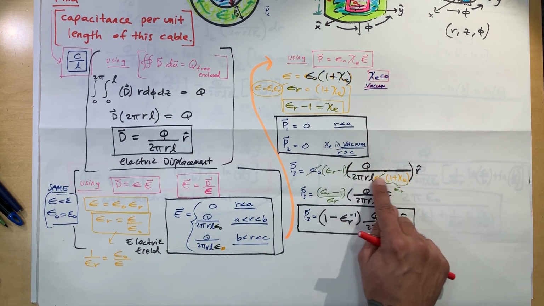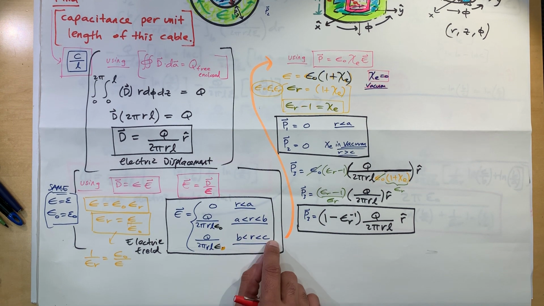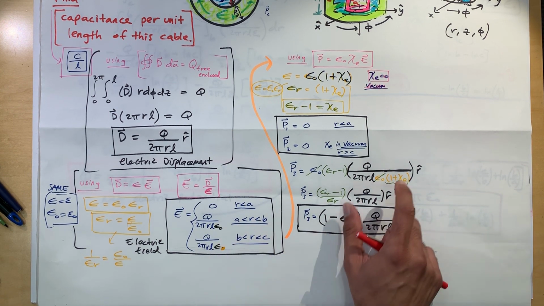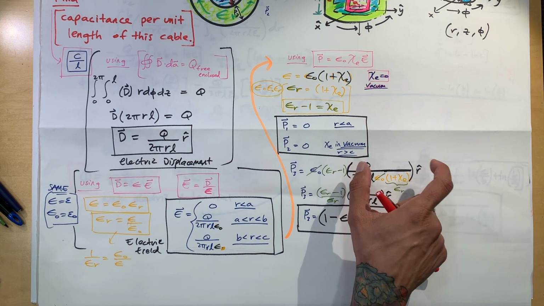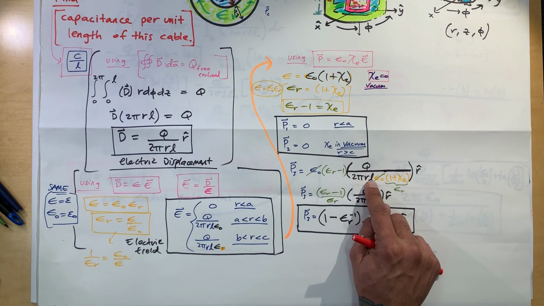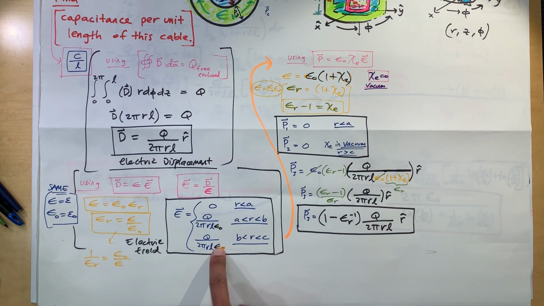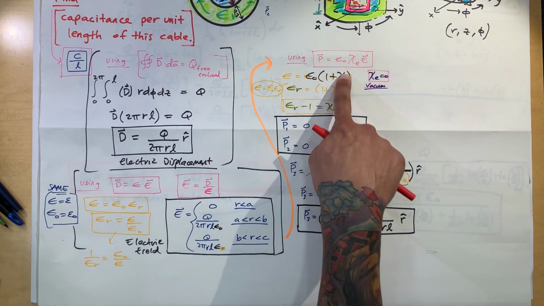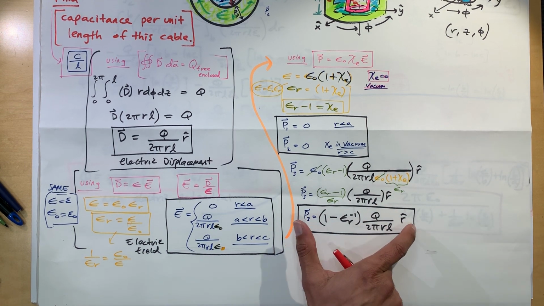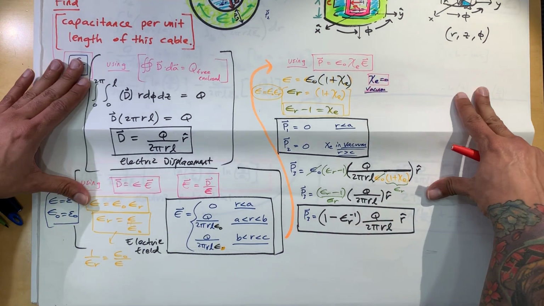R is between B and C, the region we chose, and we write Q over 2 pi R L epsilon. We represent it with this notation, things cancel out, and we have our polarization in that region.